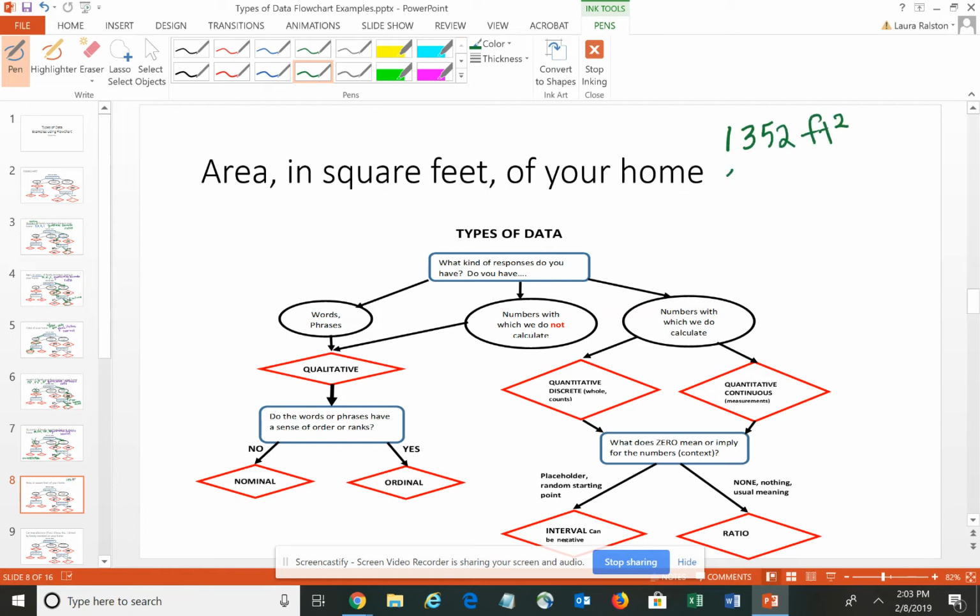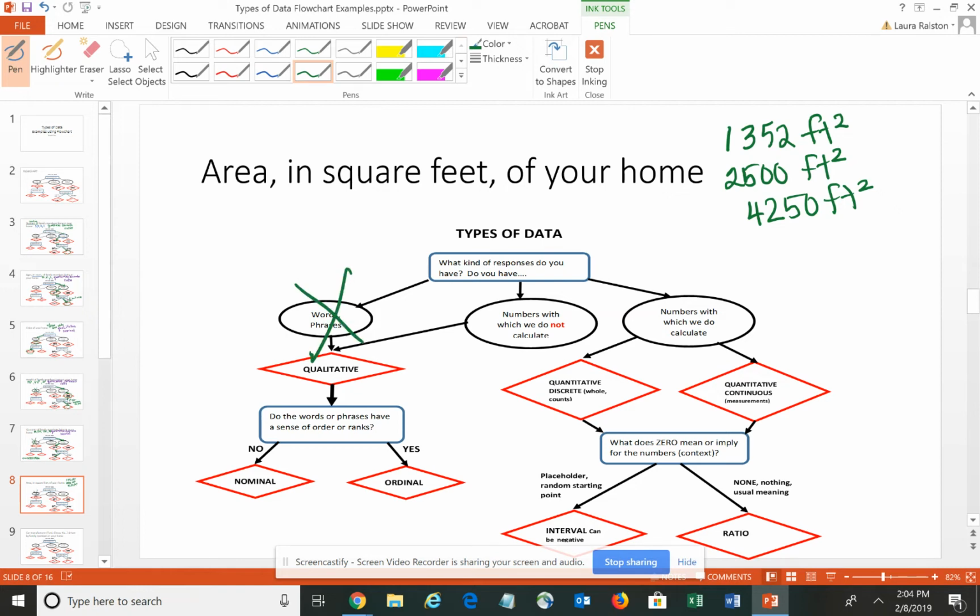It might be that they say it's 2,500 square feet. If you got somebody who's really well off, it might be more like 4,250 square feet. Okay, so you're getting numbers, so that rules out words or phrases.